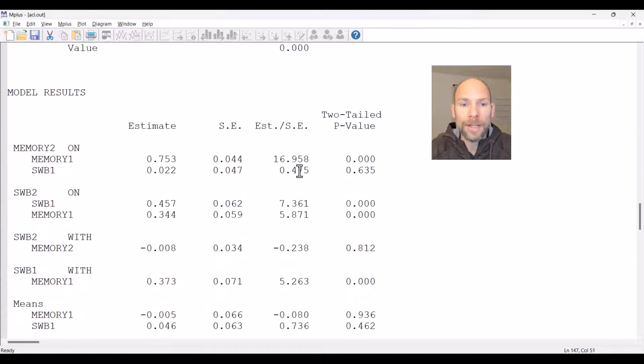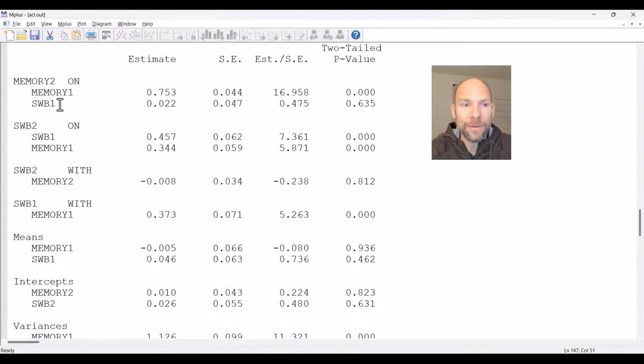The model results section then gives us, first of all, the path coefficients, and so here you can see that first we get the autoregressive effect from memory 1 onto memory 2 with an unstandardized coefficient estimate of 0.753. This coefficient is statistically significant, as you can see here from the small standard error relative to the point estimate.